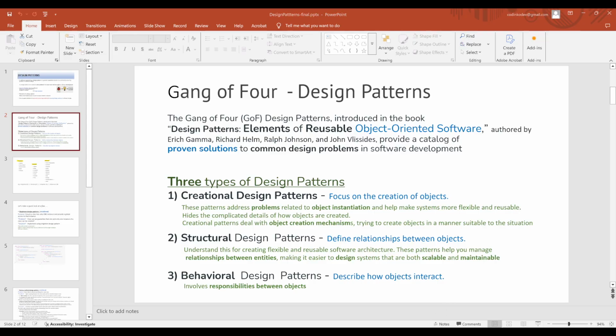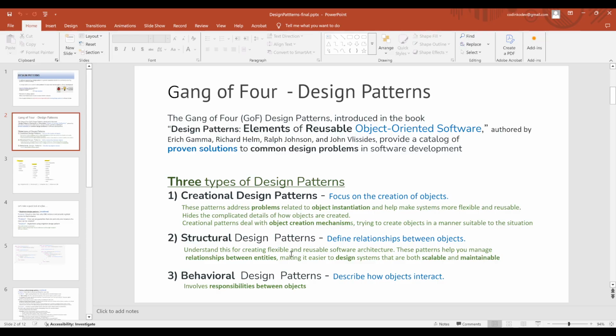And there are three types of design patterns: creational design patterns, structural design patterns, behavioral design patterns. Okay, you can think about this as there are multiple solutions and these solutions are categorized based on the environment where you're applying that particular solution. Creational is like when you create new objects, right?